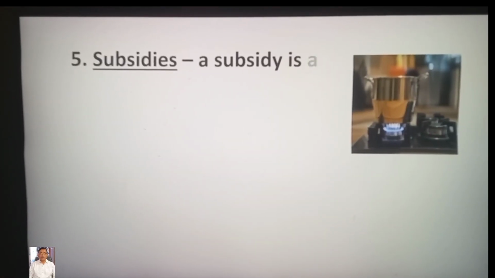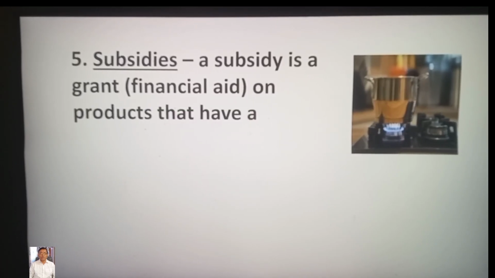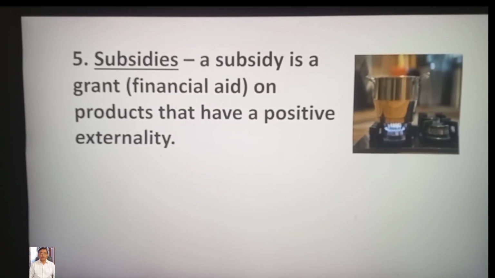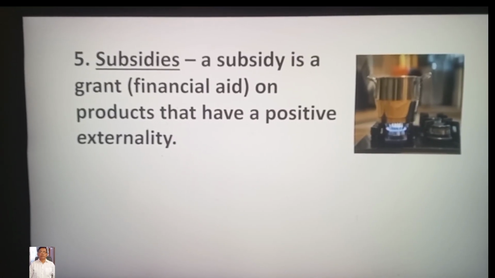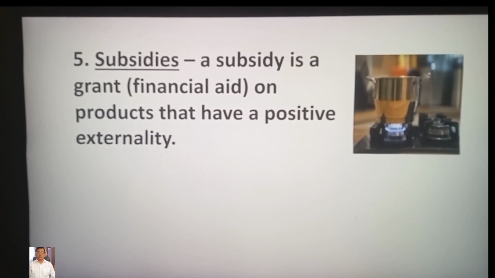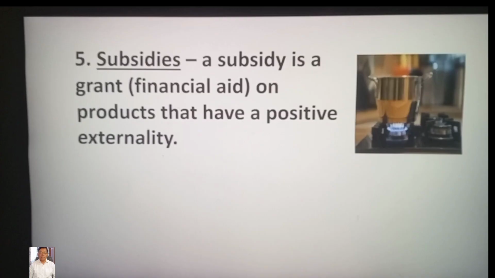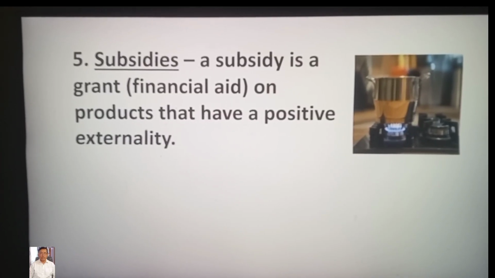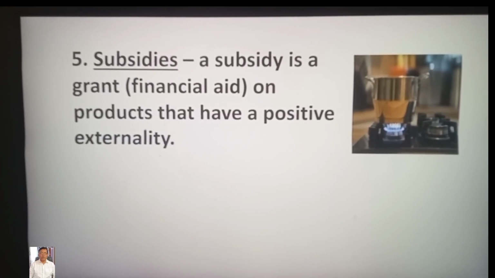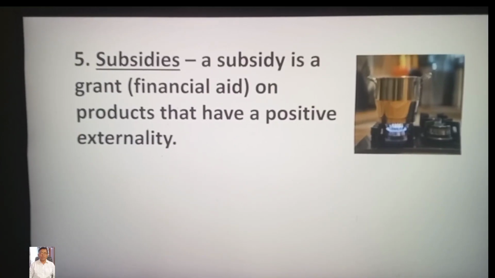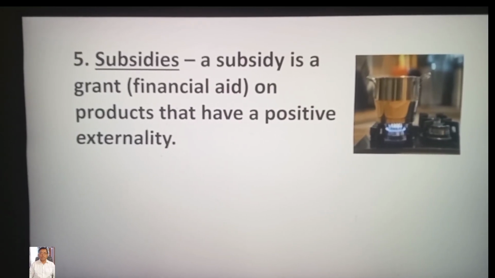Fifth, subsidies. A subsidy is a grant of financial aid on products that have positive externalities. Subsidizing, for example, cooking gas for the poor will increase the living standard of the population.